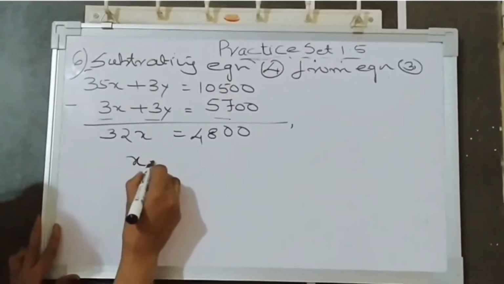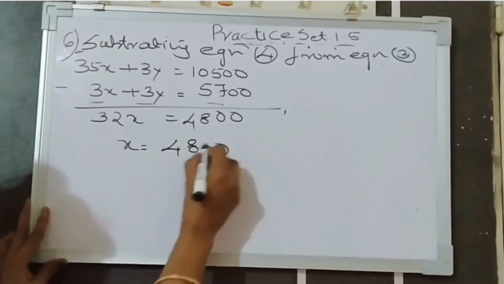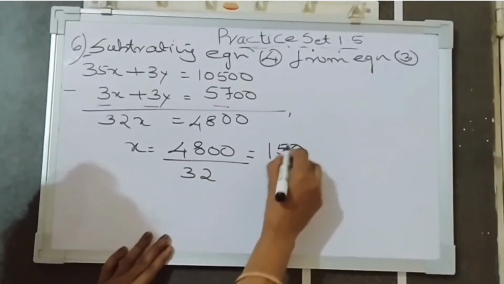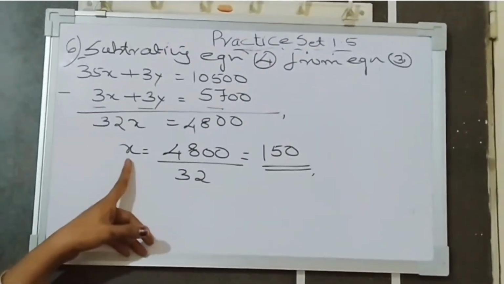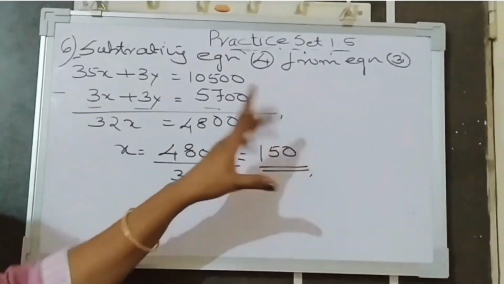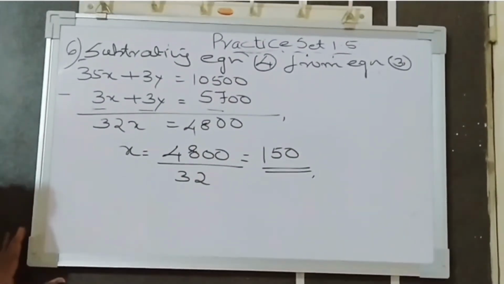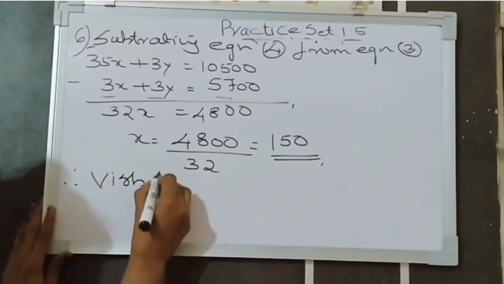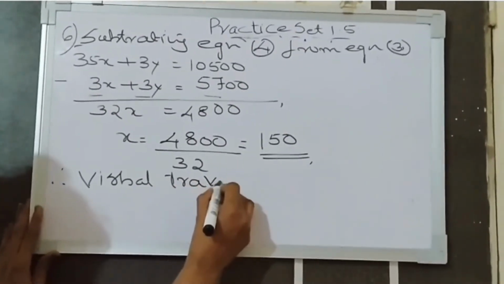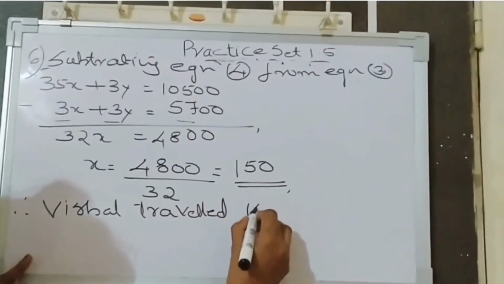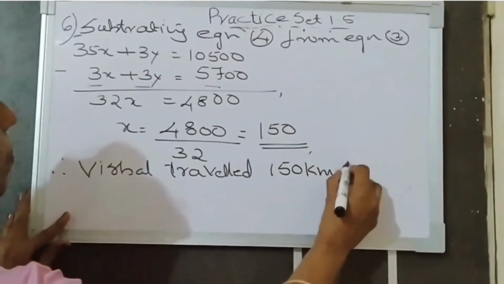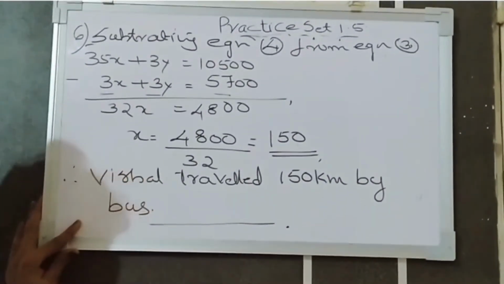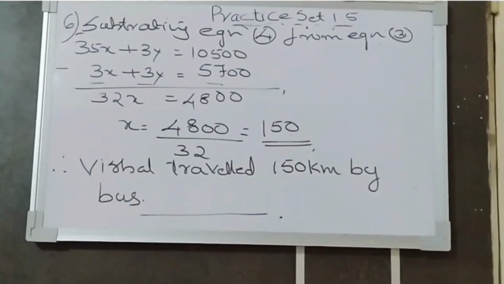Therefore x is equal to 4,800 divided by 32. The answer is 150. That means by bus the kilometers traveled is equal to 150. Therefore, the last statement: he shall travel 150 kilometers by bus. This is your final answer.